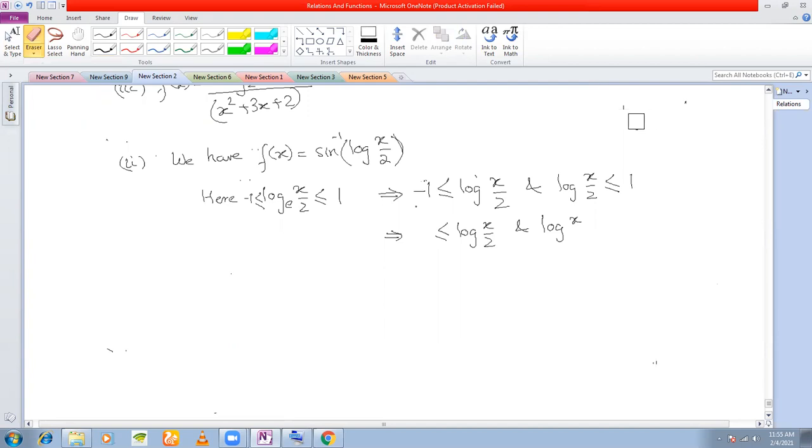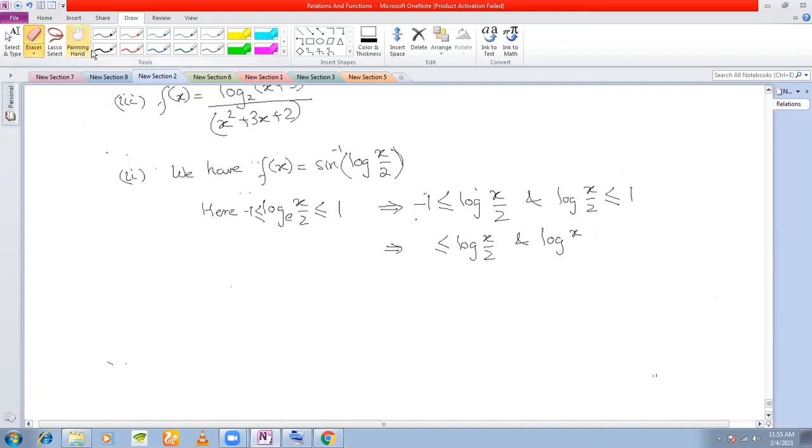Coming back to this problem here, since the base is not specified here, we'll take the base to be e. So if minus 1 is less than or equal to log x by 2, then e to the power of minus 1 is less than or equal to x by 2, from your knowledge of inequalities. And here also x by 2 must be less than or equal to e to the power of 1.